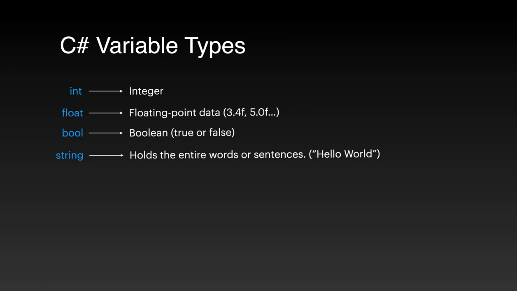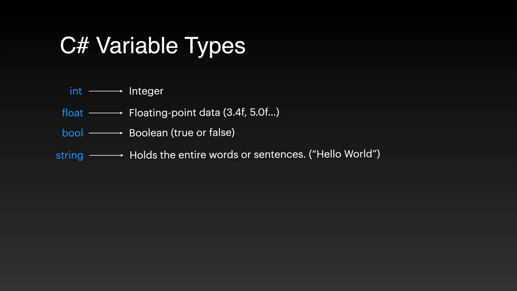Okay, C# variable types. First is integer. Integer means 1, 2, 3, 4, 5, 6. Remember when you create an integer variable, you need to put int. Float means that there are decimals, for example 3.4 or 5.0, but usually for float we put an F at the end. Boolean means true or false, for example, are the lights on?